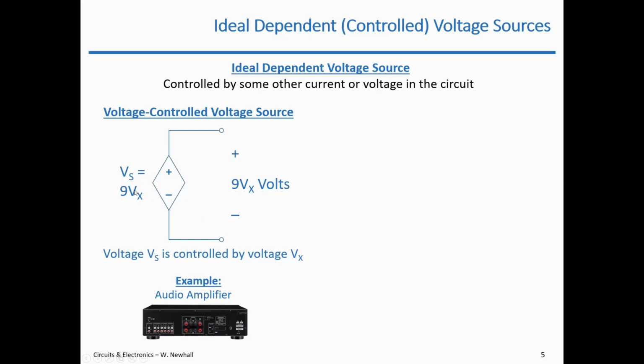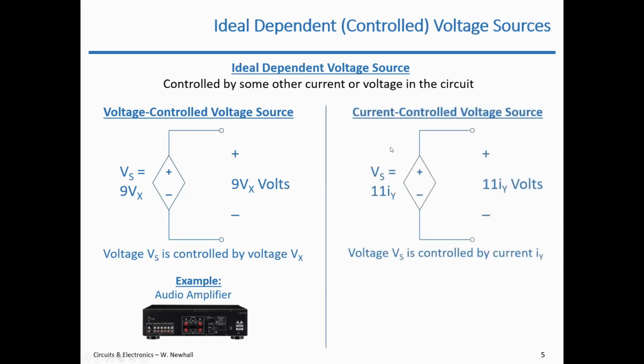So you might have a tiny voltage, 0.1 volts at the microphone input, times 9. You get something bigger. Did I say 0.1? 0.9 volts on the output. So this is a good example of how to model an amplifier, where Vx is the input voltage and 9Vx is the output voltage. It's a practical circuit element to use.